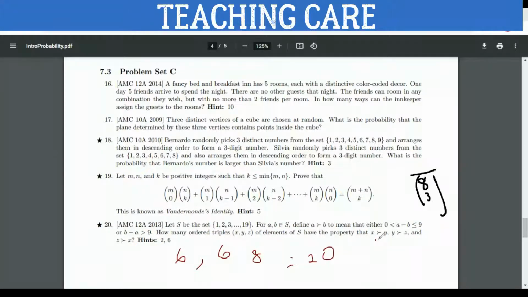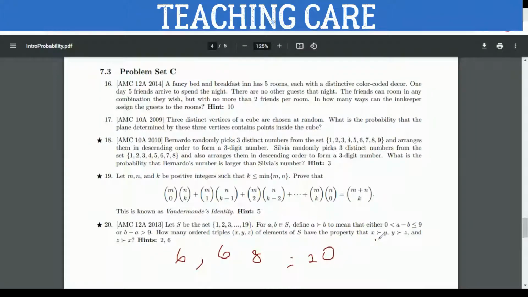If you are not able to understand this, let me think of another way. How many vertices will be there in a cube? 8, right?